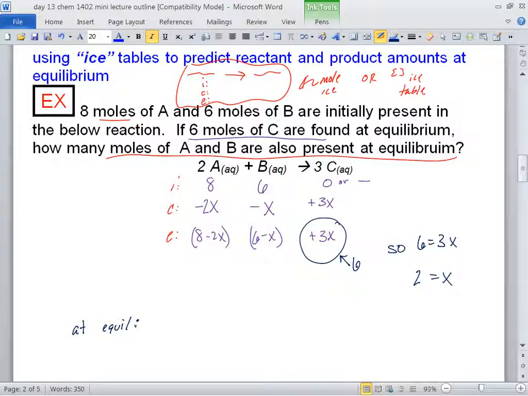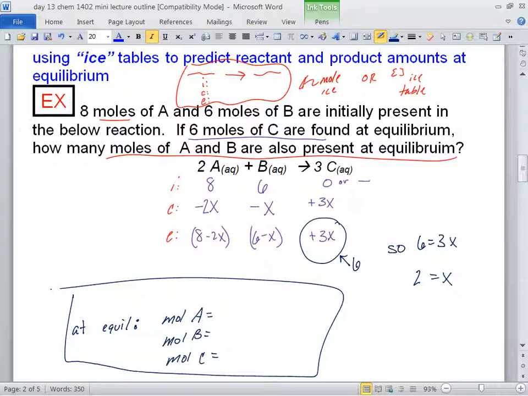At equilibrium, moles of A, moles of B, and moles of C. And draw a box around your answer. Right? So Andromeda, at equilibrium, the moles of A is going to be what number? Right? If x is 2, then here's your answers.